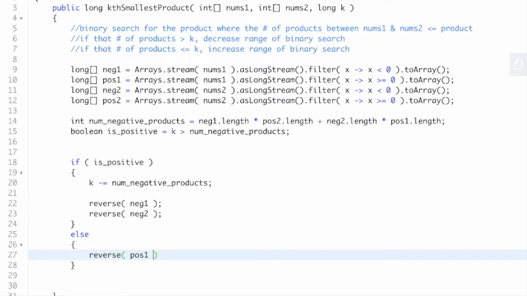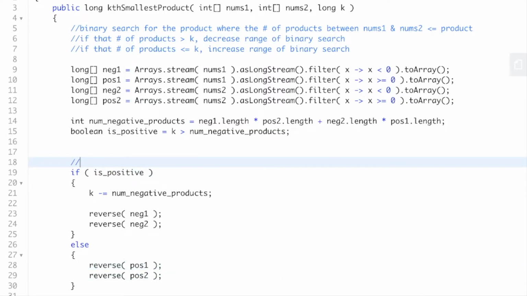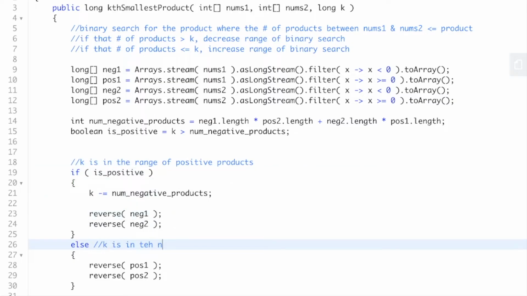So we're going to reverse pos1 and reverse pos2. So remember, is positive just represents whether k is in the range of positive products, else k is in the negative products. Cool.